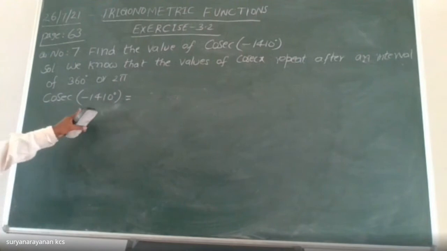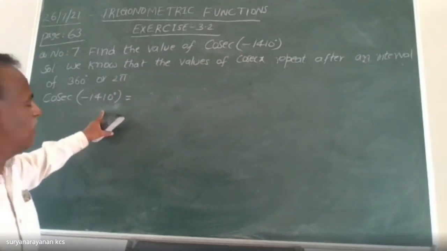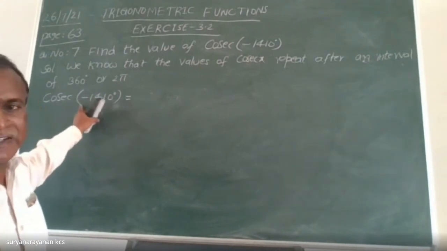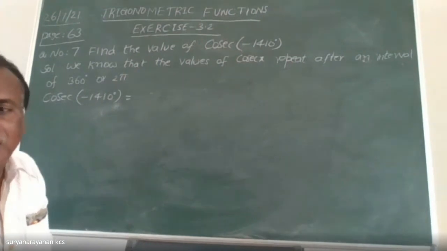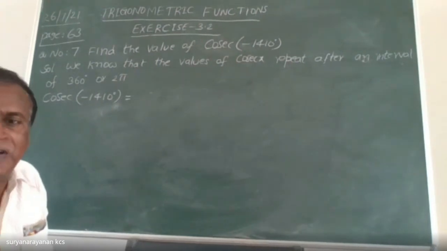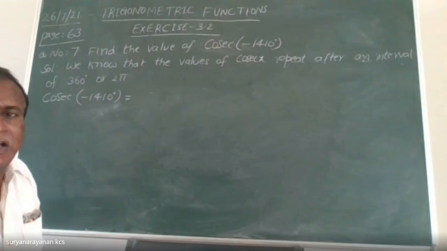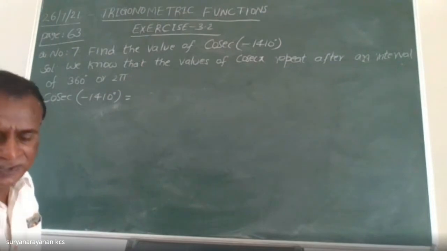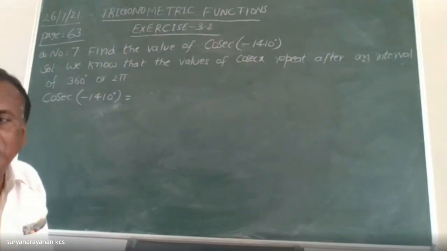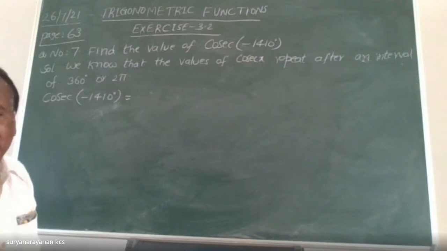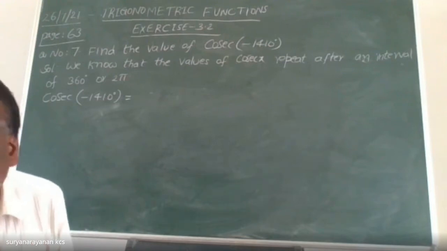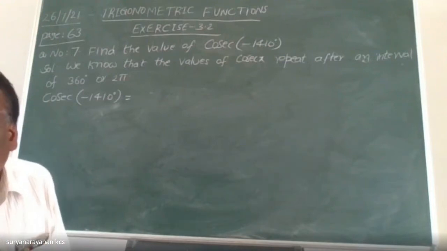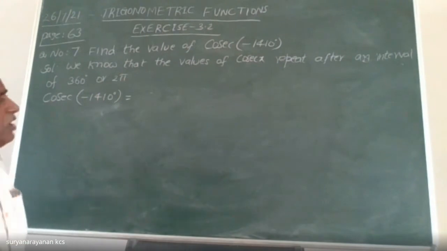If you observe, it is in the form of cosecant of minus x. Previously I told this formula. What is the value of cosecant of minus x? Yes, very good, my dear Ria. What about other children?